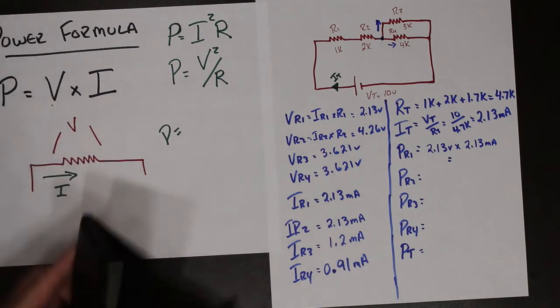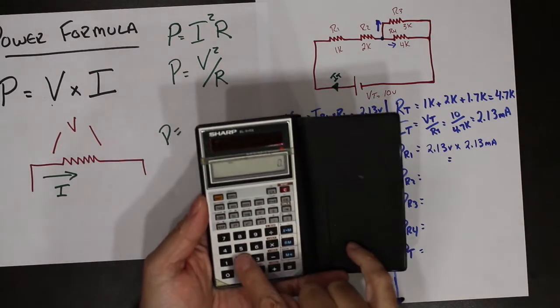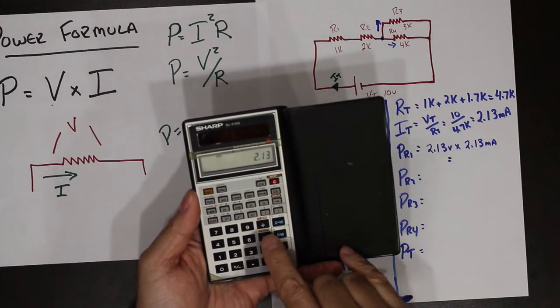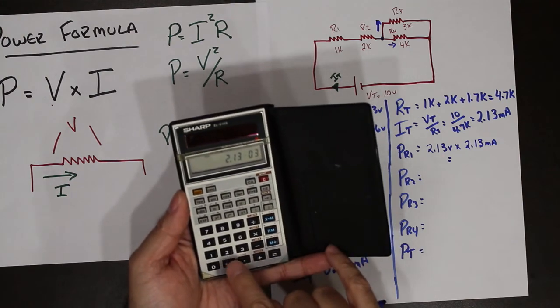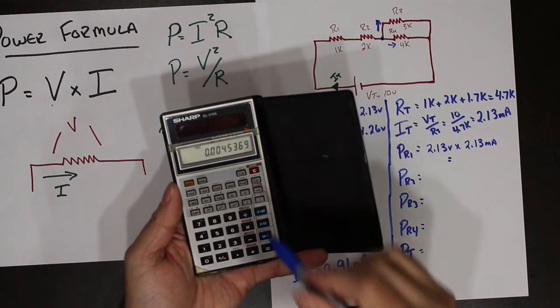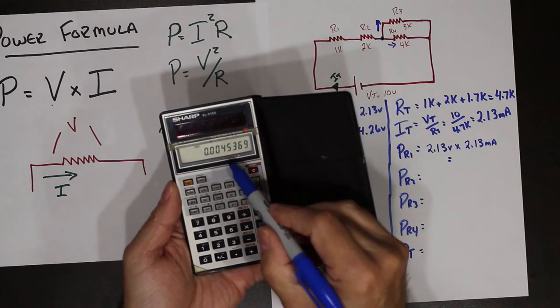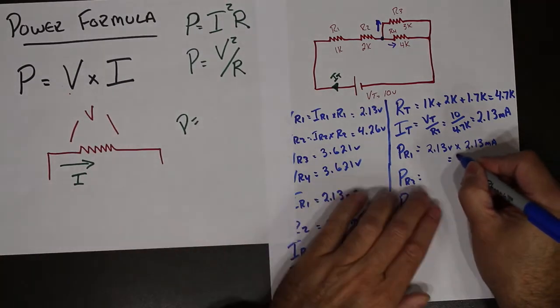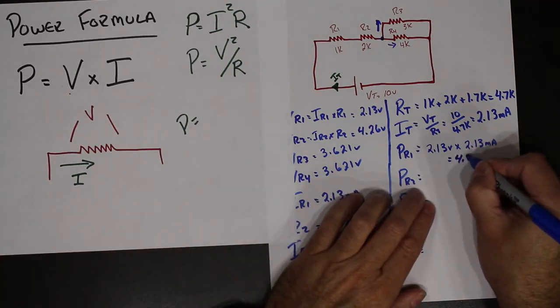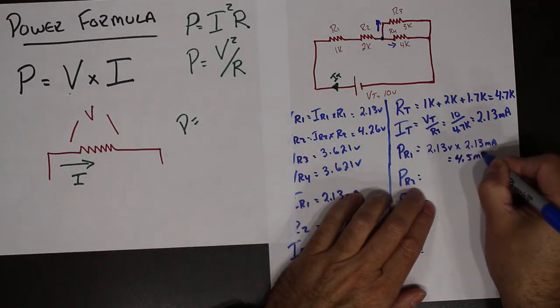Therefore, 2.13 volts times 2.13 milliamps equals 4.5 milliwatts.